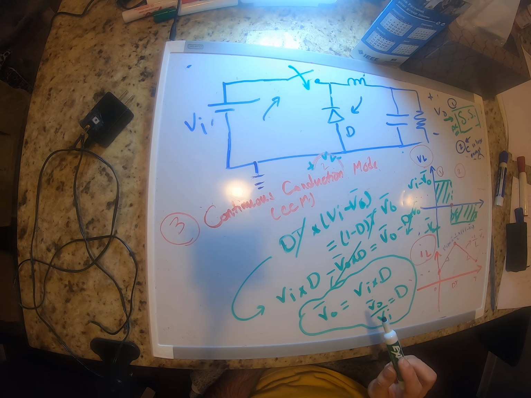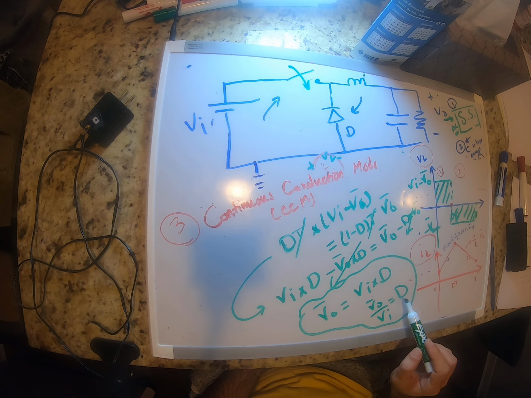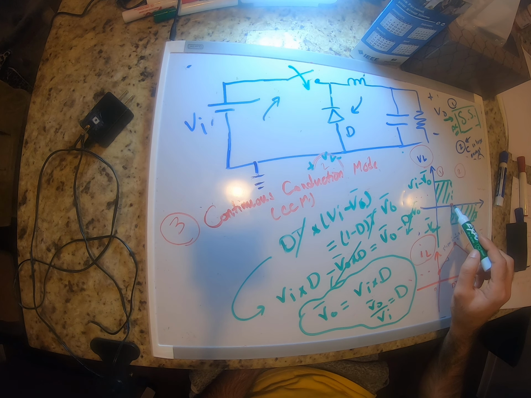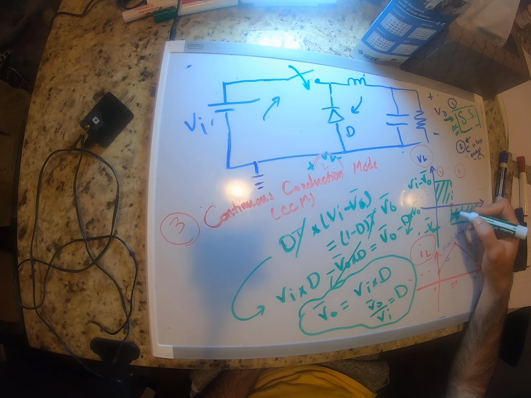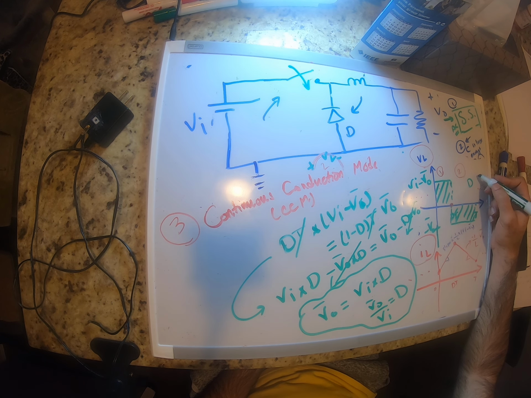the output voltage is going to be smaller than the input voltage, and the ratio is going to be equal to the duty cycle. Duty cycle d is always a number that's less than 1, right?